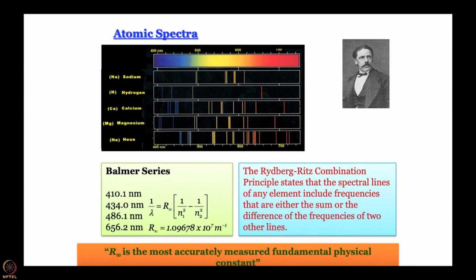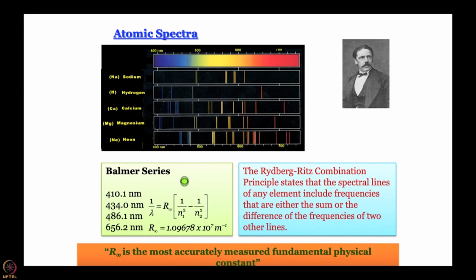Okay. So, this is known, and different series of lines were observed, and mainly we will focus on the hydrogen emission spectrum. The 5 series of lines that were found were Lyman, Balmer, Paschen, Brackett, Pfund. And for each of these, n1 was constant and n2 varied.